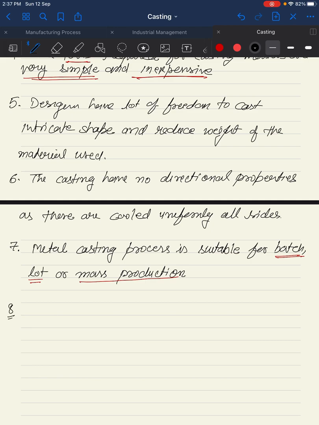Now the eighth point, this is very important.